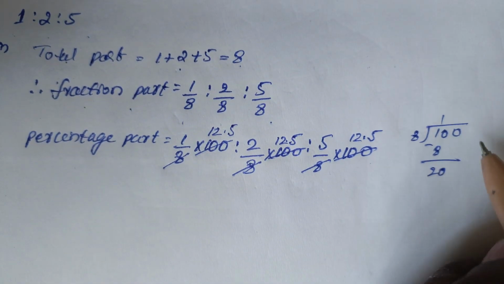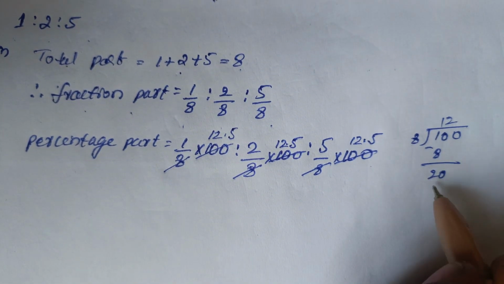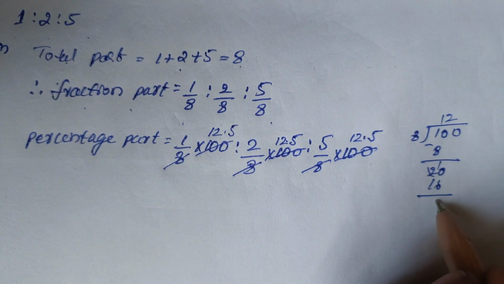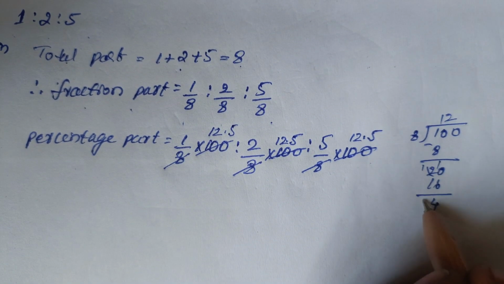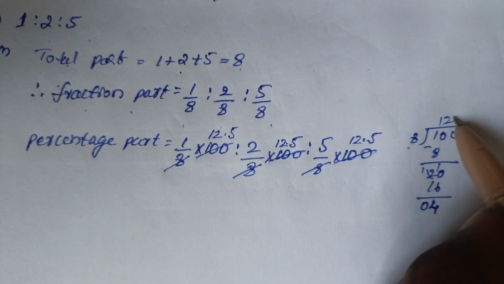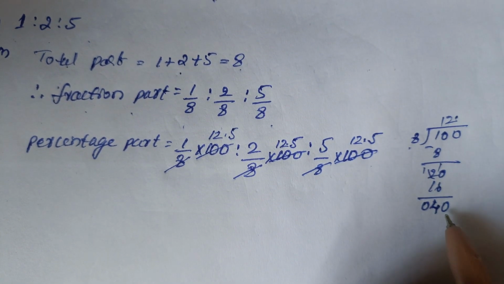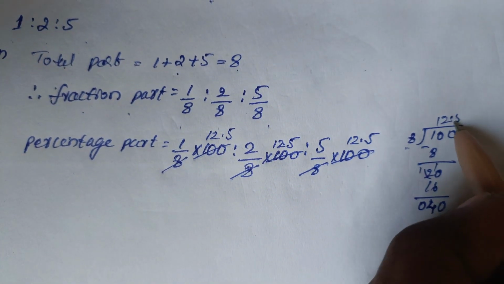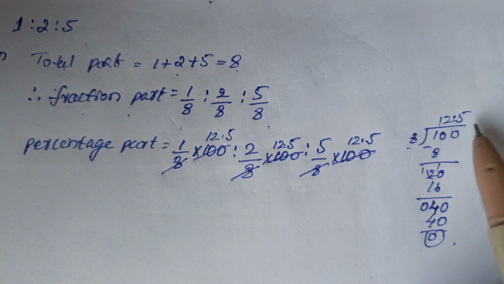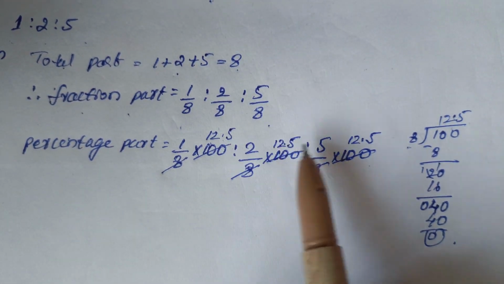Again bring down 0. 8 twos are 16, so 20 minus 16 is 4. Here 4 is smaller than 8, so we take a decimal point and bring down 0. 8 fives are 40. So the answer is 12.5.